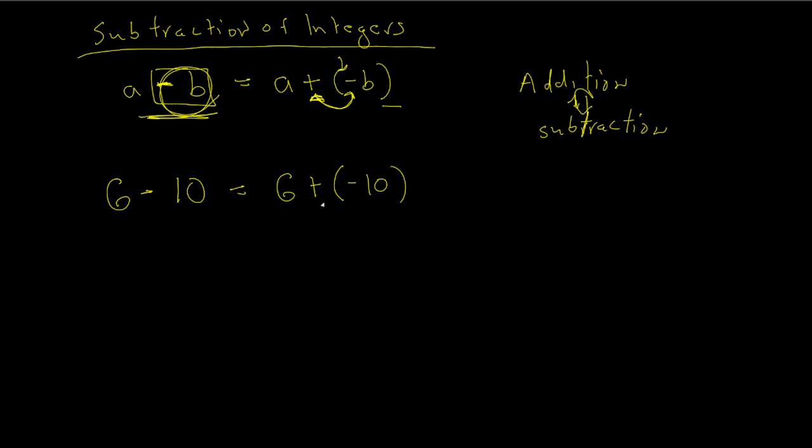Now if I use my addition rule, I take the absolute value of the bigger number, I subtract from it the absolute value of the smaller number, and I get 4. But for my answer, I want to grab the sign of my bigger absolute value. So this is this negative, that's negative 4.